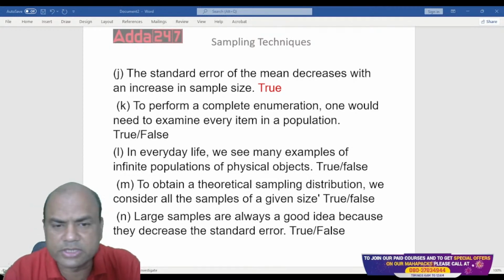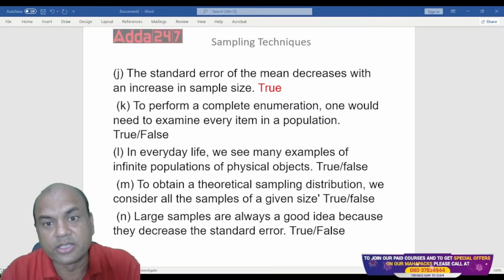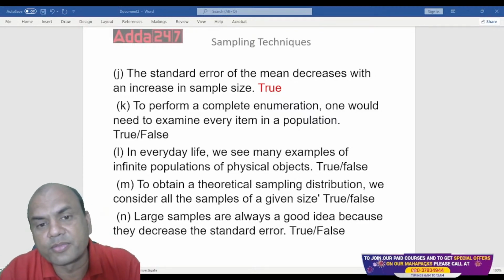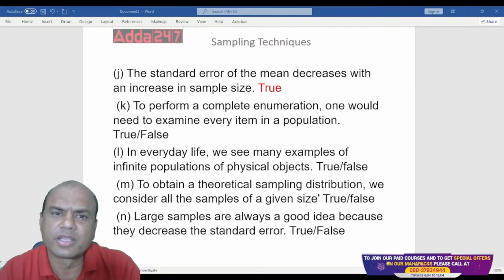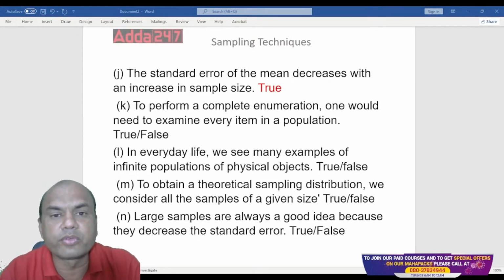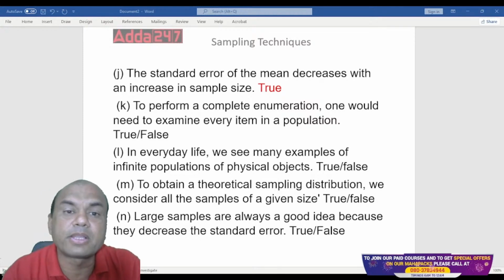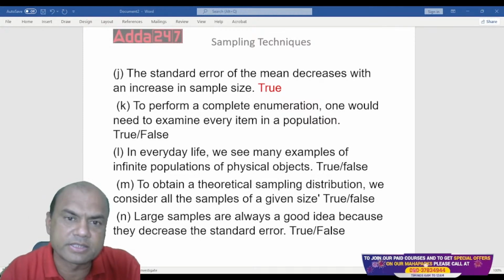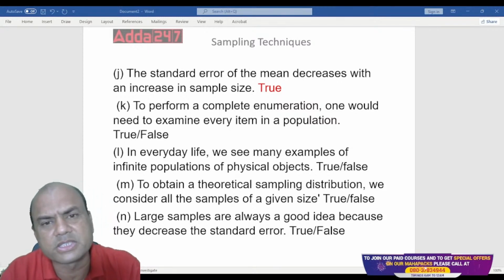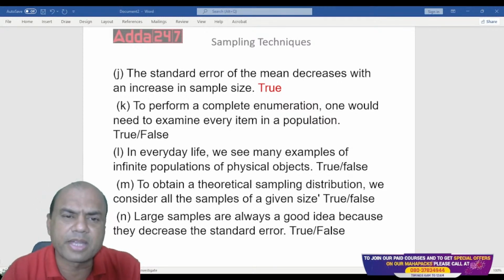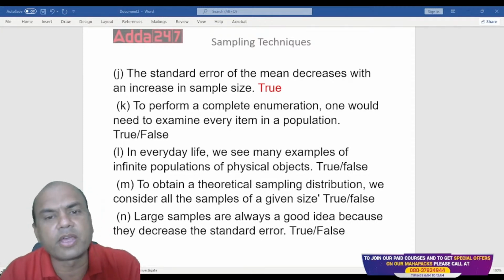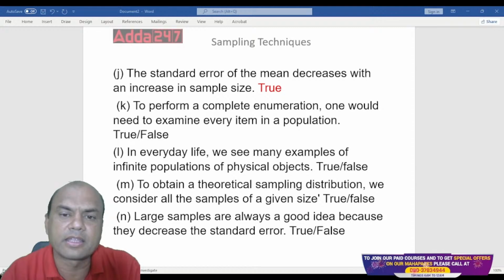Some 5-6 questions. Is it required to do the survey of each and every element? Not required, isn't it? What do we do in this? We take some samples, representative samples. We'll take the samples in the 4 corners of the city, or some 10 samples from various corners of the city, and then we'll find out the average salary, right?